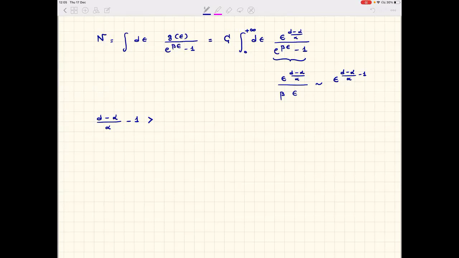I mean, if you have an integral over dx between 0 and some number of x to the power gamma, gamma should be larger than what in order for this integral to be convergent?